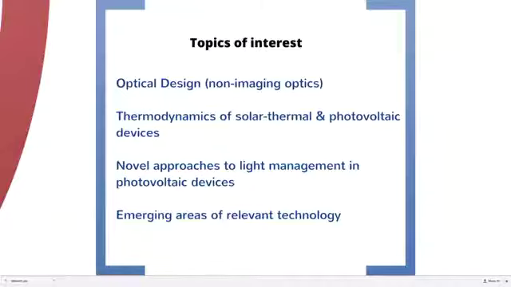Or you cannot take light from, let's say, a meter squared and focus it to a point that is smaller than some limit, smaller than an atom or something. And that limit turns out to be defined by the second law of thermodynamics. So there are some very interesting connections which come from these different fields, and we'll talk about it.